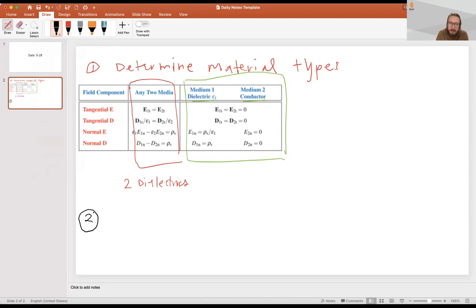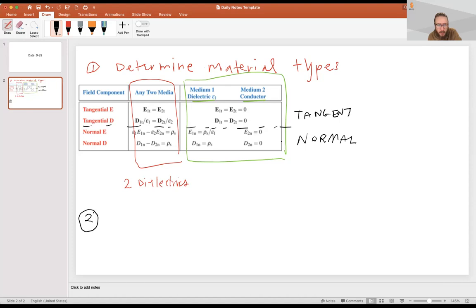And we can break this up again. We have the tangent conditions, and we have the normal conditions.